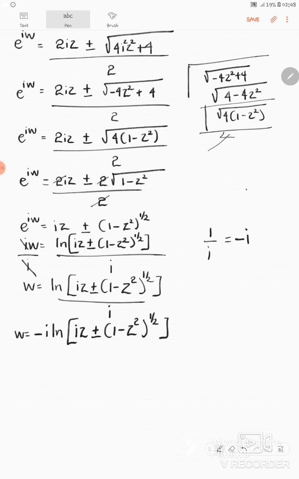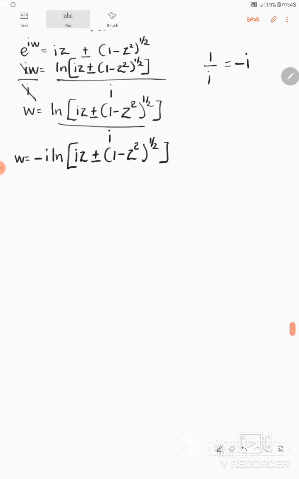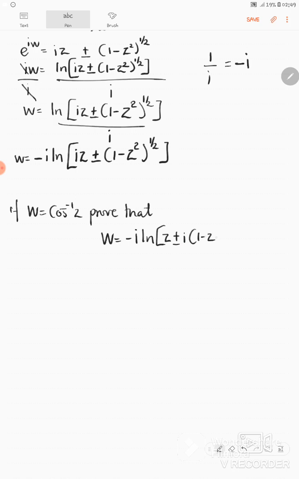Then you can also prove that w, we can also use, if w equals cos inverse z, to prove that w equals minus i ln, open bracket, z plus or minus i, open bracket, 1 minus z.